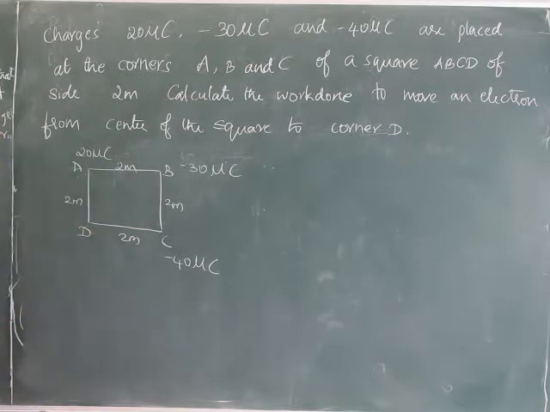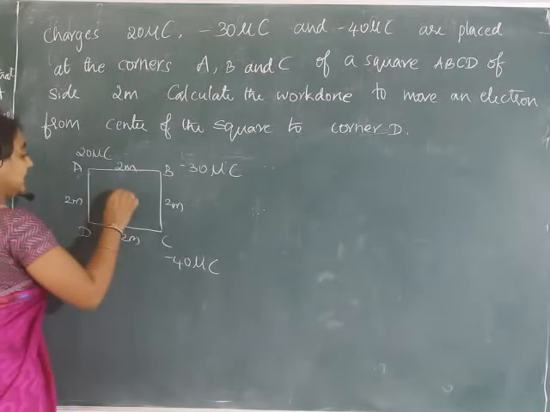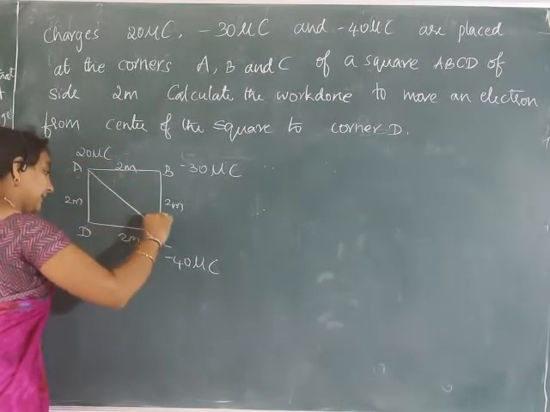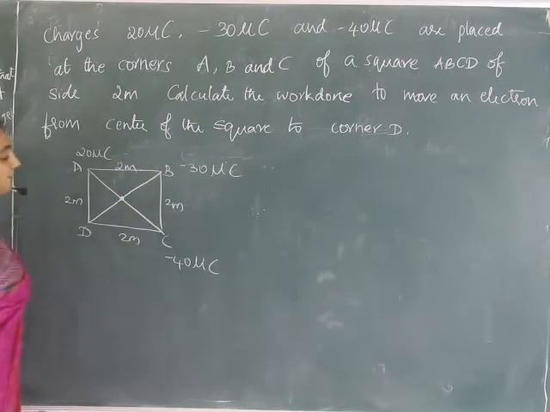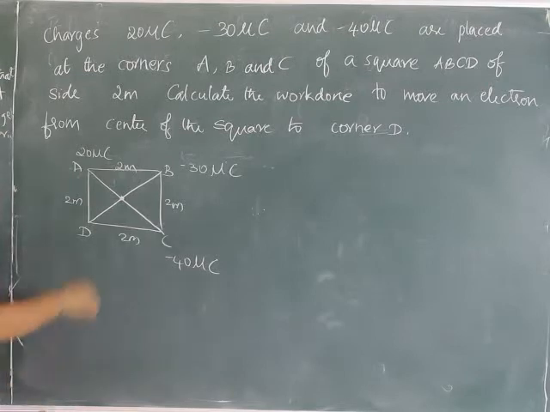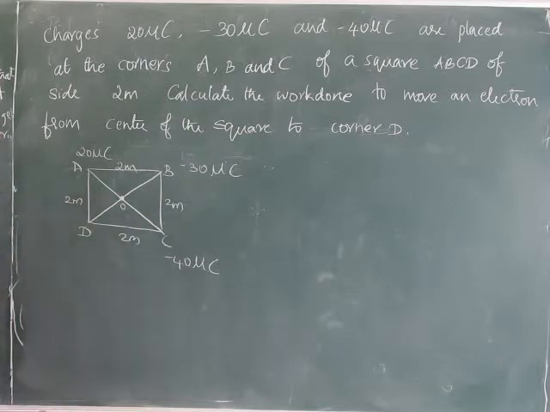Correct? The sides of the square are 2 meter. You have to calculate the work done to move the electron from the center. So I will draw a diagonal, to the corner D. From the center to D. Let the center be O.